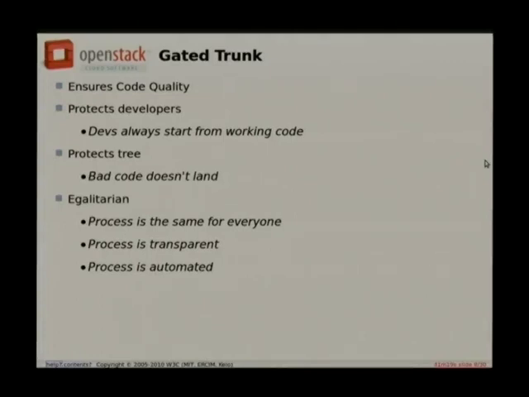If you were here this morning, you saw this exact slide. But it bears a little bit of repeating. The gated trunk is really key to how we do that. Basically, that means that every change is automatically tested before it lands into the trunk of the repository.